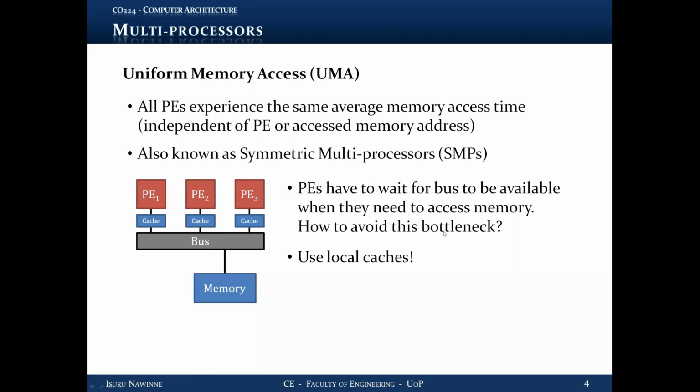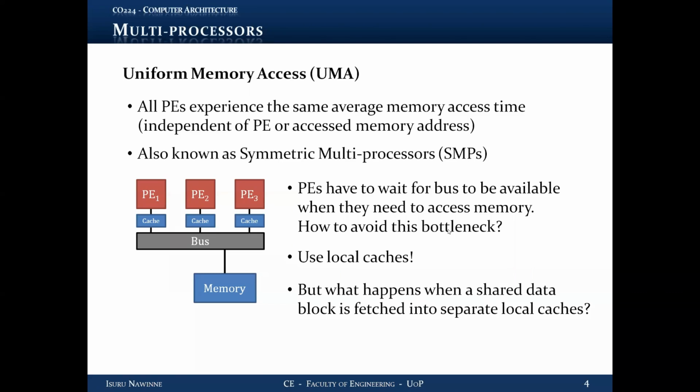So when we do that, what happens when a shared data block is fetched into separate local caches? Imagine there is a block of data in memory, and that block is shared between all these programs, the programs running on these processing elements.